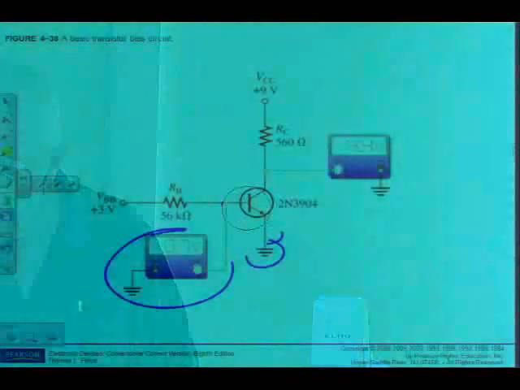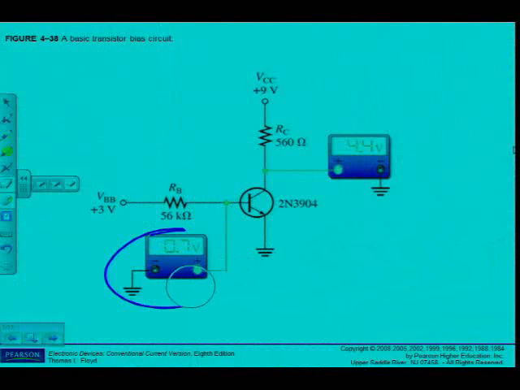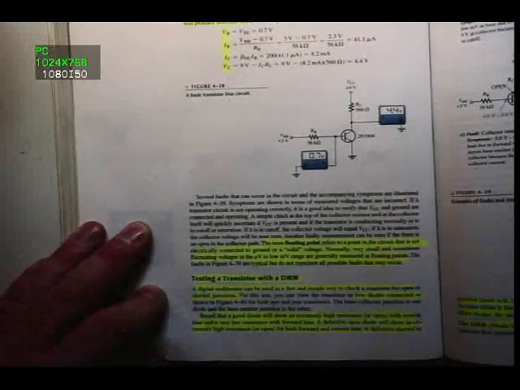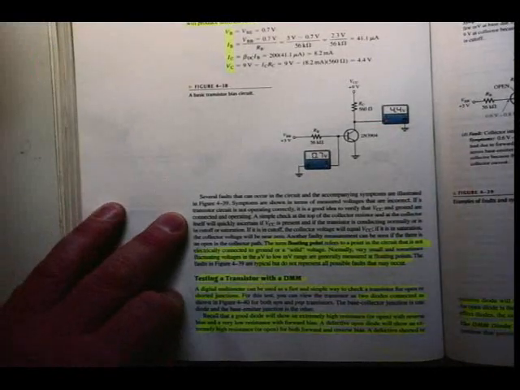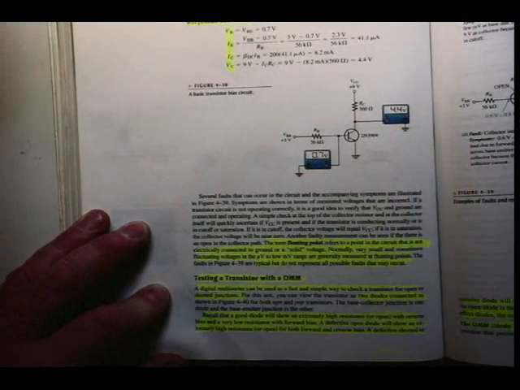So from there you can then work to do the fault finding according to the different measurements that you will get. I just have to point out again in the textbook here, just below figure 4.38, there is a term mentioned, floating point.